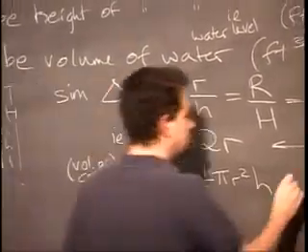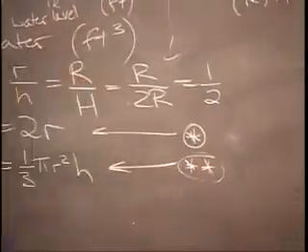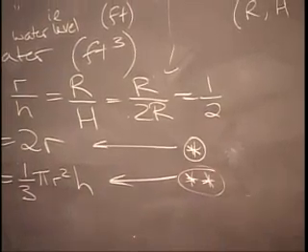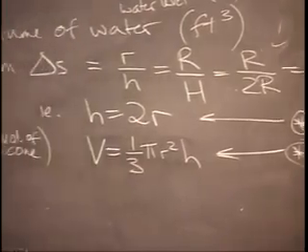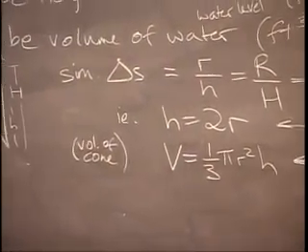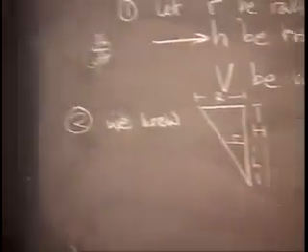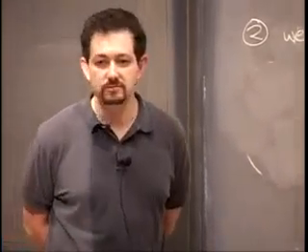And that I will call star star, just to emphasize that those are the only two equations I really care about going forward. They relate h and r, and they relate V and r and h. So if we know any one of those quantities, we can work out the other two by simultaneously solving those two equations. Any questions about the problem so far?